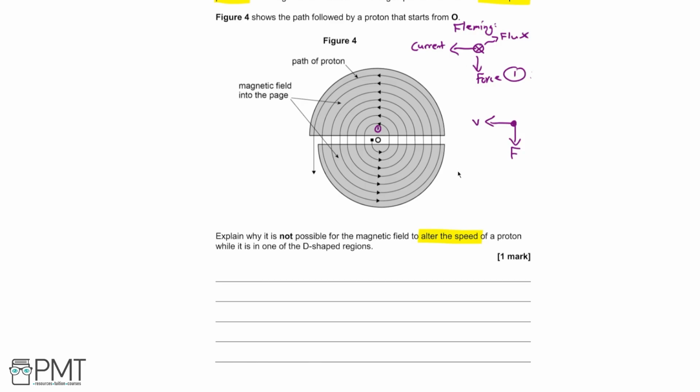Now consider what would have to happen for the speed of the proton to change. For the speed to change, we would need to change the kinetic energy, which is given by the formula 1/2 times m times v squared. So this would have to change too. But we know that to change the kinetic energy, we must do work. The definition of doing work on something is to say that you apply a force over a distance.